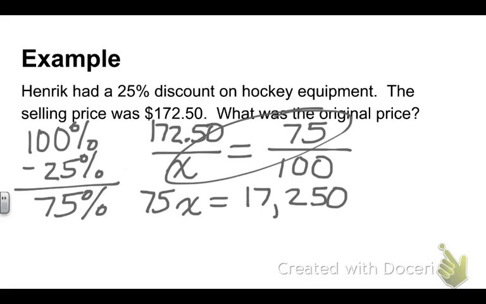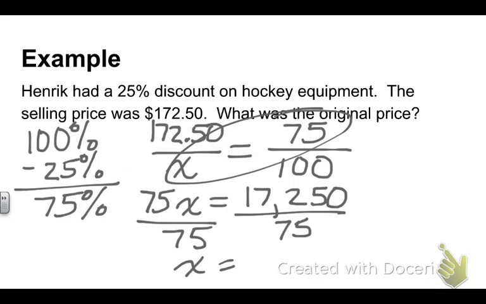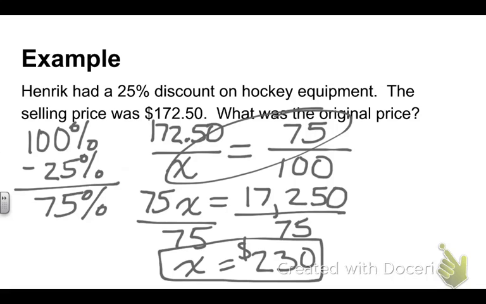That's not your answer because you still need to divide. So x is going to equal 230, and we are talking about dollars. So the original price would be $230. With a 25% discount, it would be $172.50. You could easily check this by taking 230, multiplying it by 0.25, and subtracting that amount from 230. If you don't get $172.50, then we made a mistake.